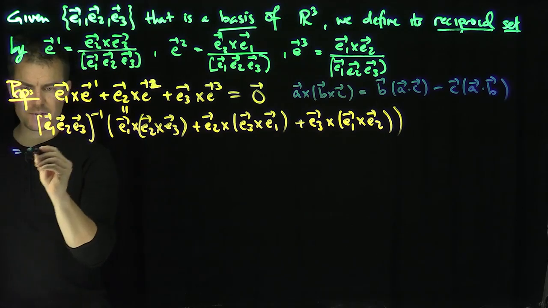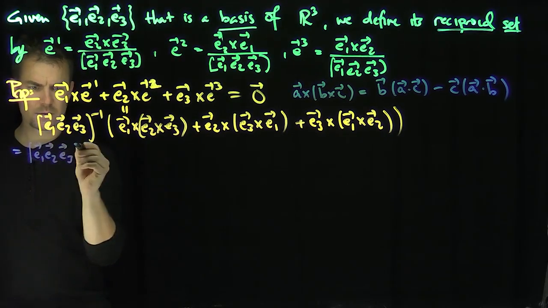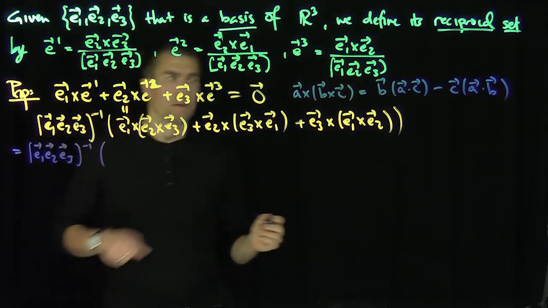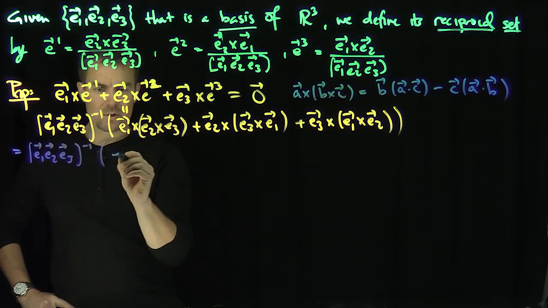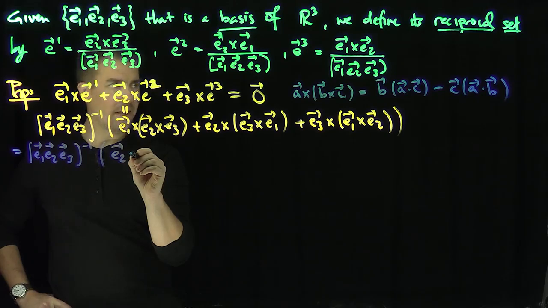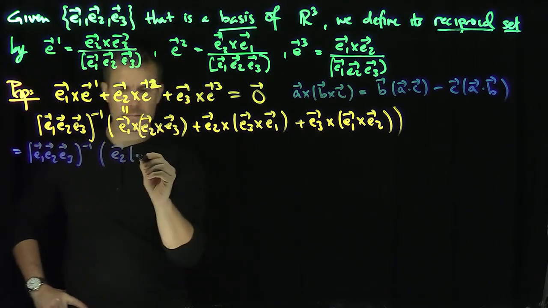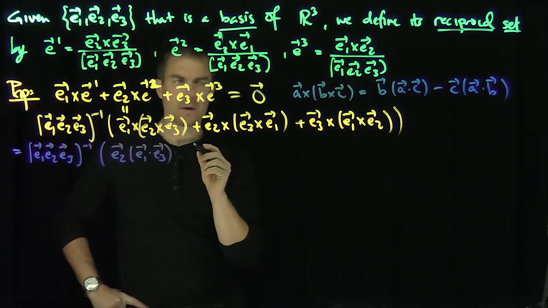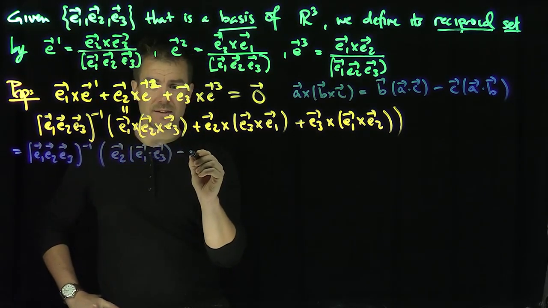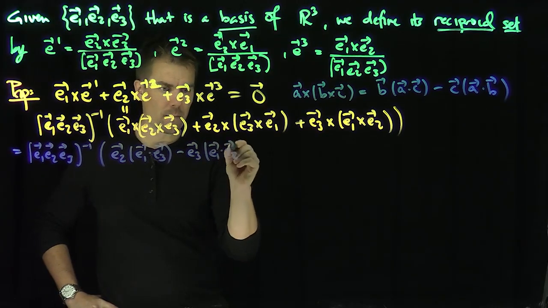And so I have this determinant on the outside, so I have E1, E2, E3 to the negative 1. Then I'm going to do back-cab over here. What's my B? My B is E2, so it's going to be E2, and then dot E1 dot E3, whatever that happens to be. And then minus cab, so that's minus E3, then an E1 dot E2.